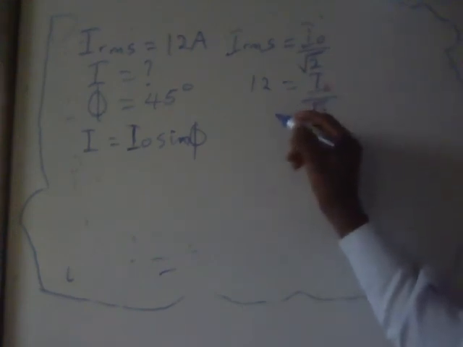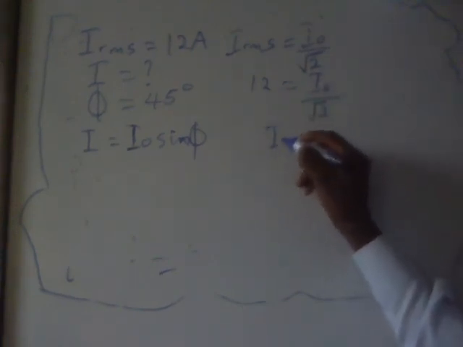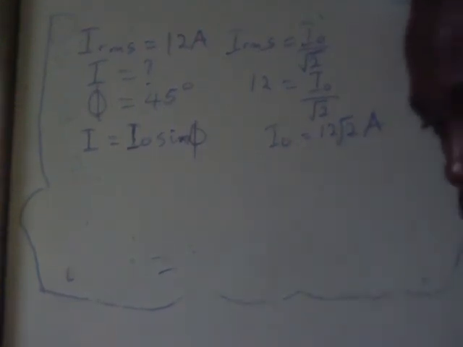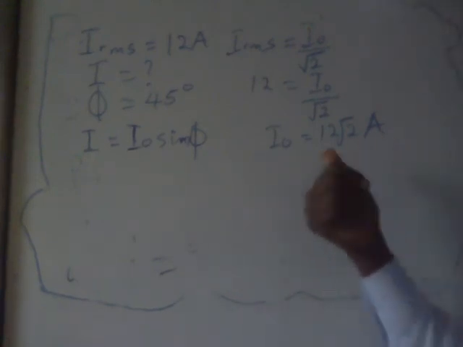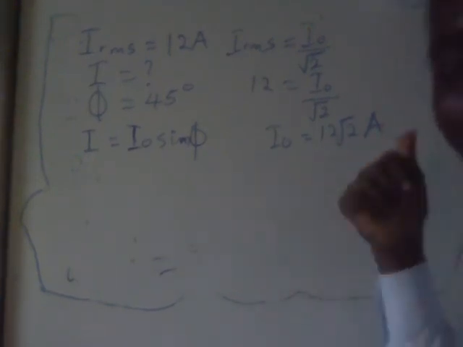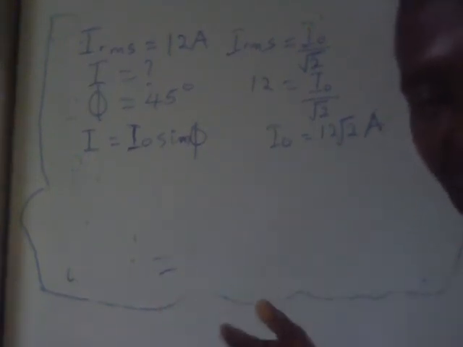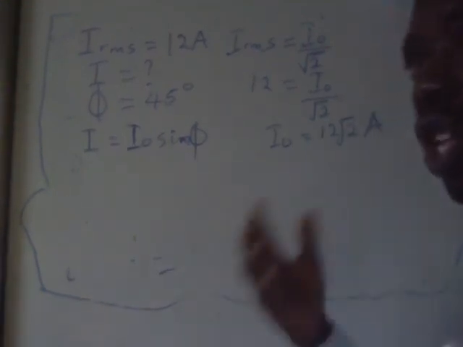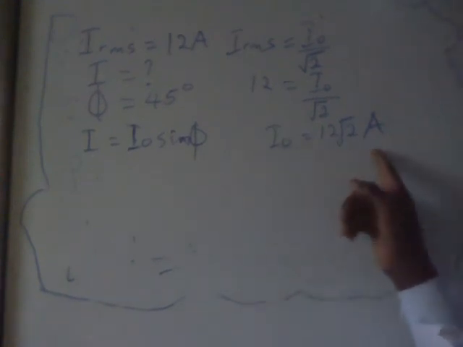Cross multiply, so I naught becomes 12 root 2 amperes. I naught is the peak current, or amplitude, or maximum current. But this is not the final answer.